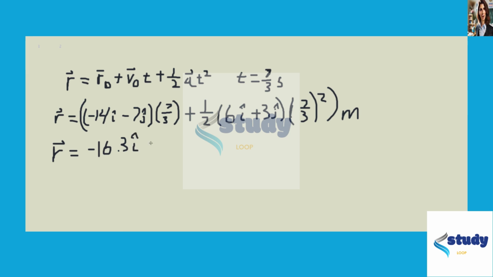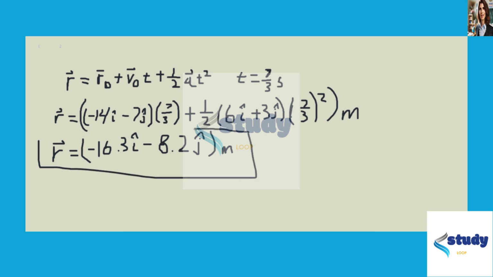Now for j hat, you have negative 7 j hat times 7/3 plus 1/2 times 3 j hat times 7/3 squared. That's going to give you minus 8.2 j hat. And the units on this are meters. So we go ahead and box this in, and that's our solution.